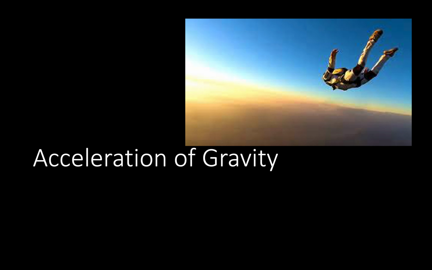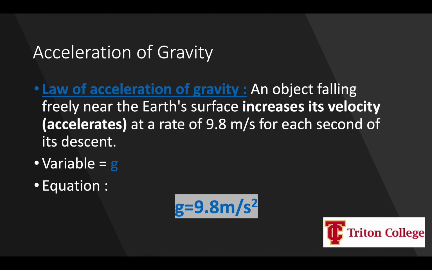So let's talk about acceleration of objects as they're falling, right? Or acceleration of gravity. So let's start with the law of acceleration of gravity, and it's in bold because it's important. It's something that you're going to have to memorize. And this law simply states that an object falling freely near the Earth's surface increases its velocity. That means it accelerates.